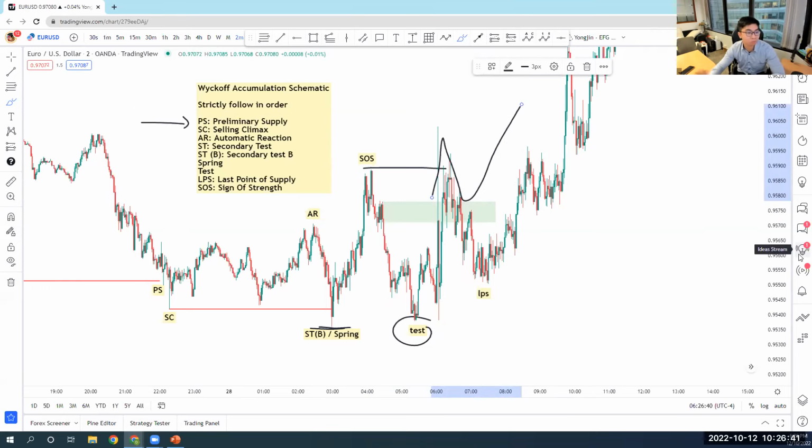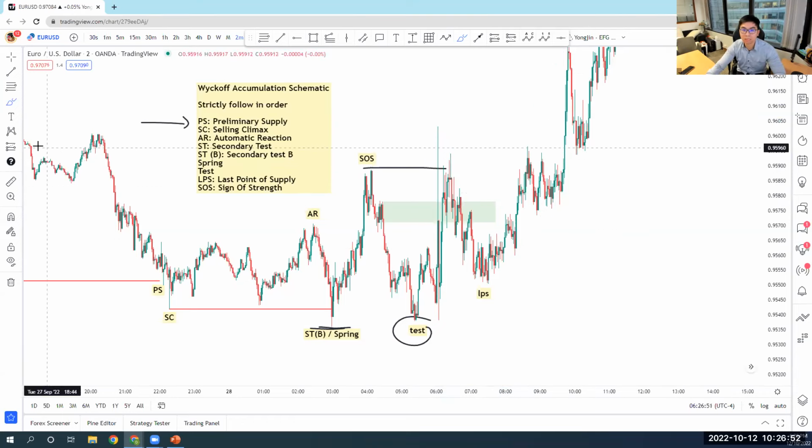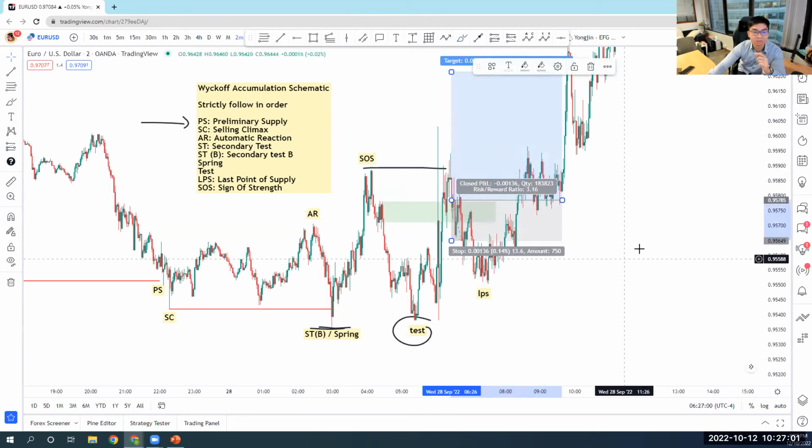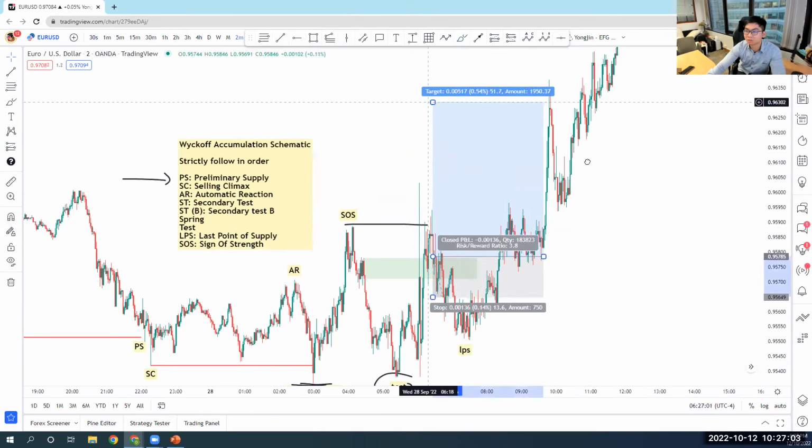But since we do not know how low the last point of supply can form, let's say we enter right here. Our stop loss must, and you guys, we do not try to be funny and reduce your stop loss all the way down.